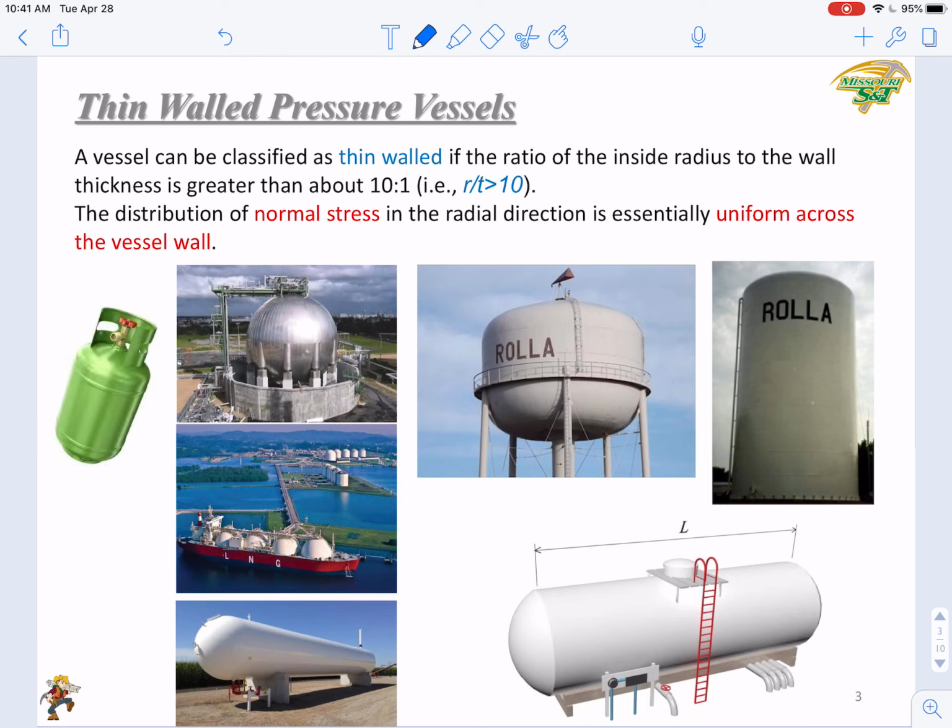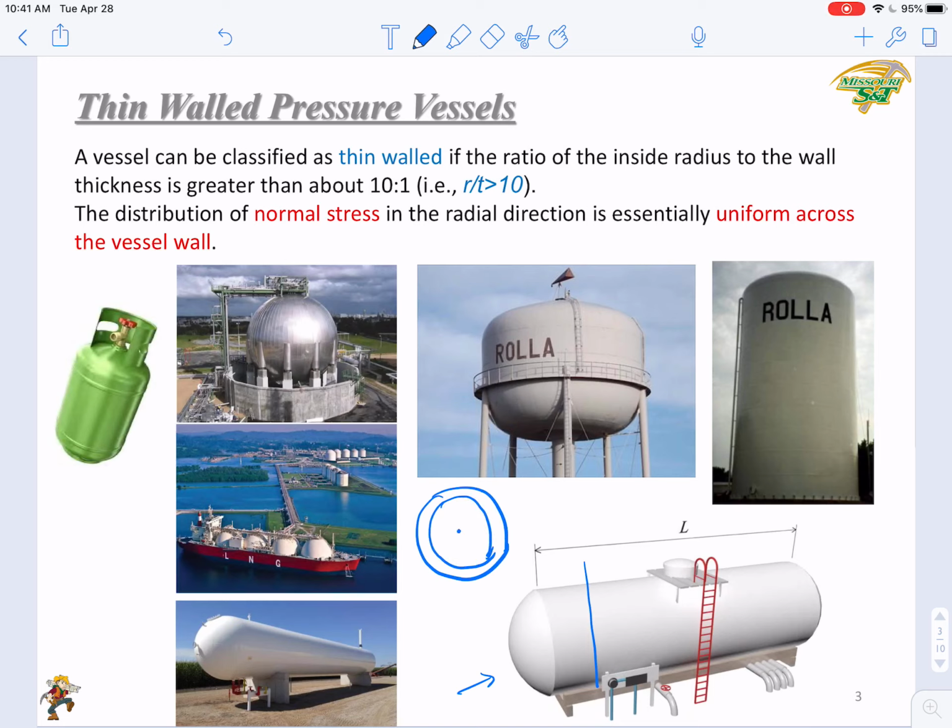Just look at this water tank, the capsule-shaped water tank on this corner. If you cut it from here, you get a cross section, and the cross section will be a circle.